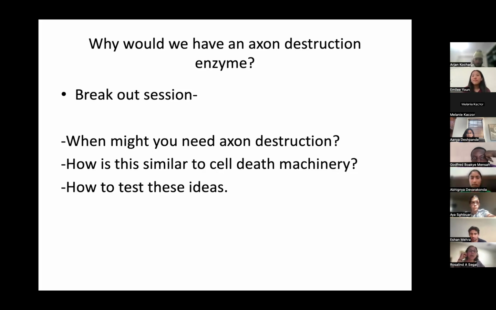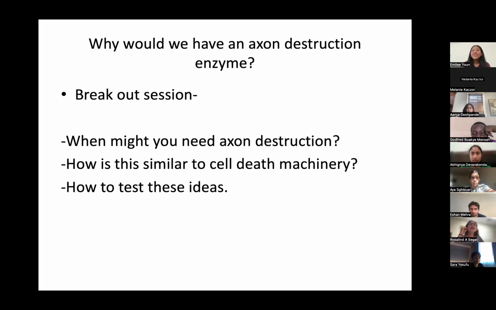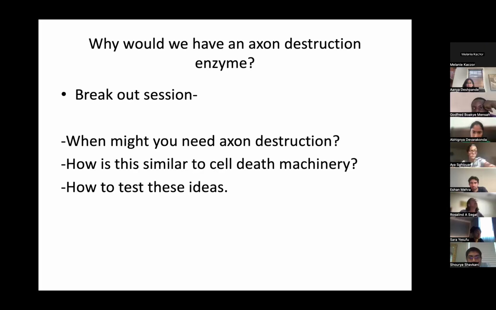Okay. Emily? Hi, my group was discussing how, similar to what she said previously, there's an infection to the axon and it's not functioning properly, but also if you have to replace the old ones and produce new axons. Yeah, that's true.